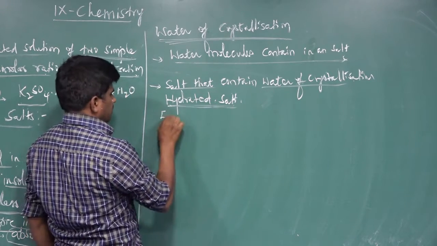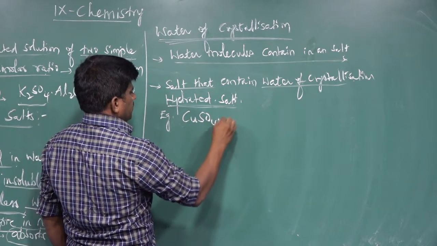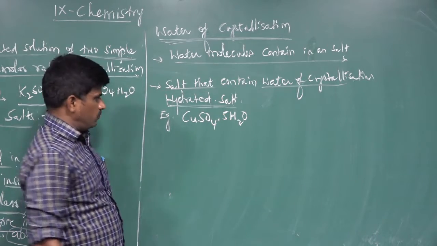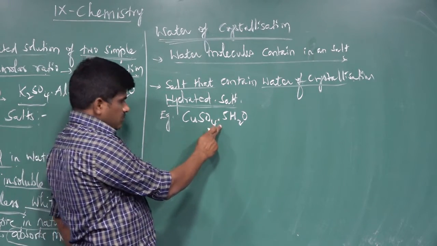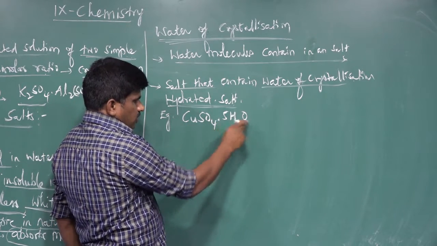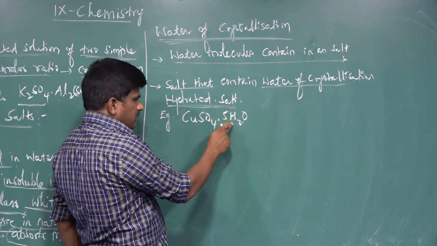For example, we take a hydrated salt: copper sulfate pentahydrate, that is CuSO4.5H2O. This is named copper sulfate. Five water molecules are present, so the number of water molecules present in it is 5.